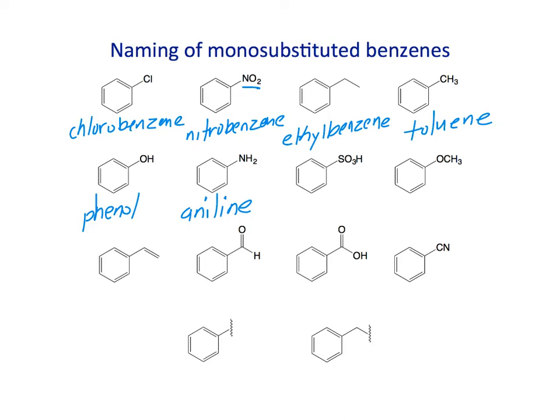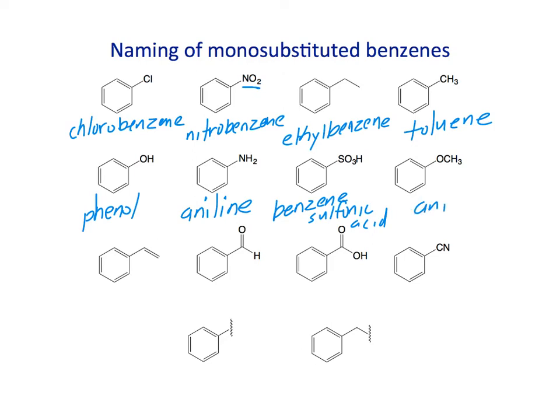Here, I'll just write these out, though. This one is benzene sulfonic acid. Okay, so that's a strong acid. It's kind of like sulfuric acid, right? It's just taken one OH off of sulfuric acid and put a benzene on there.